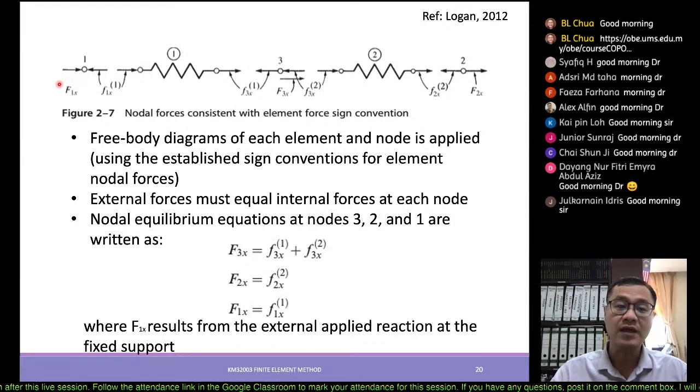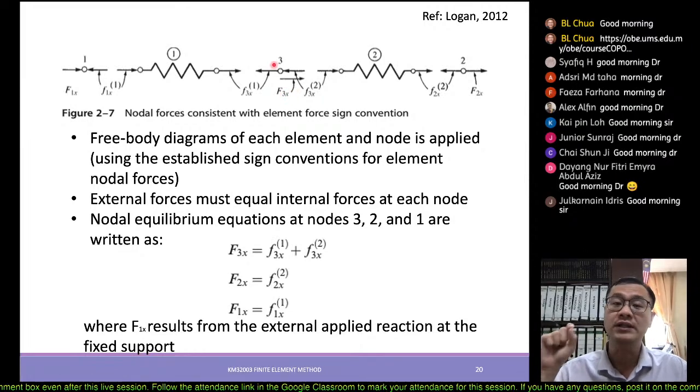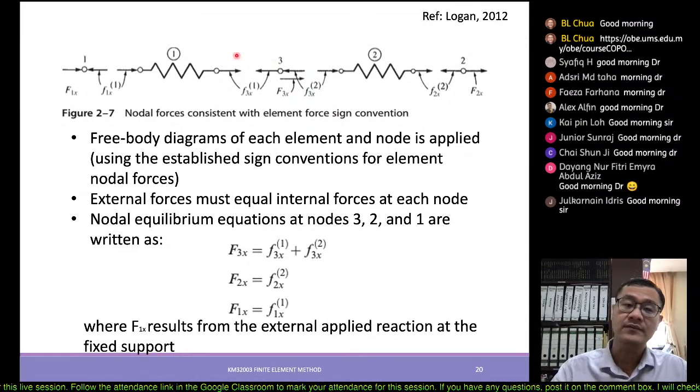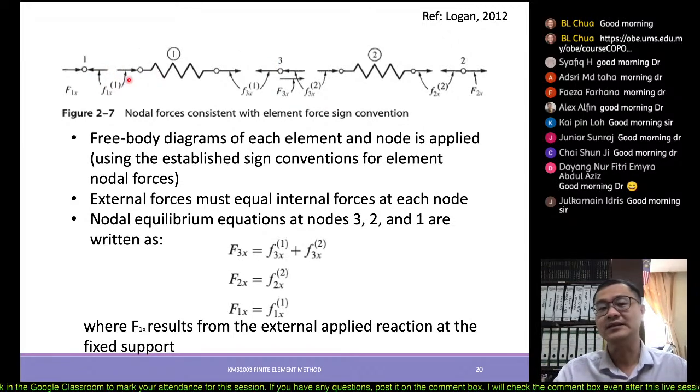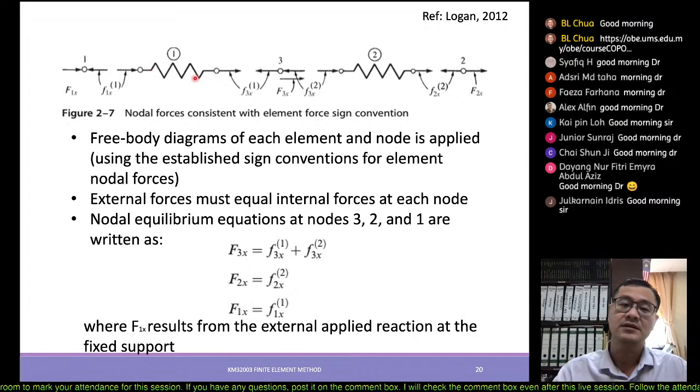So we have this capital F, and there is a small f. This small f represents the internal force, whereas the capital F represents the external force, the force acting on the node itself. Whereas this is the internal force being reflected into the spring.